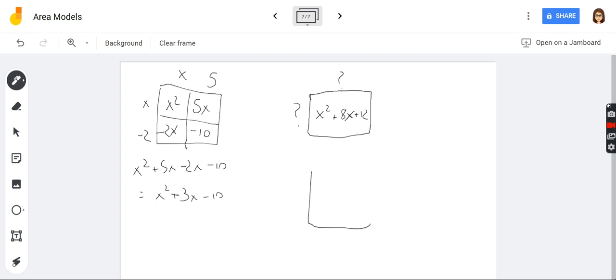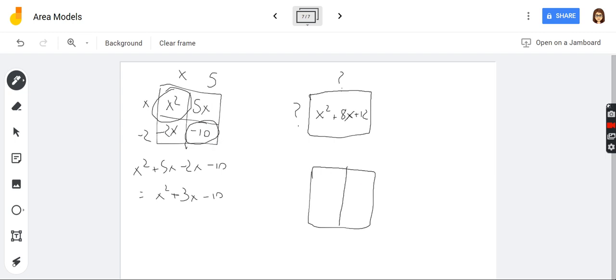Well, we look at the pattern that we noticed whenever we multiplied a binomial by a binomial. We noticed that the x times the x will always give us an x squared term. And we noticed that these two terms here will have x's in them because one of the dimensions of those rectangles is x, and that this one here will not have any x's in it. This will just be a number because it's a number times a number.